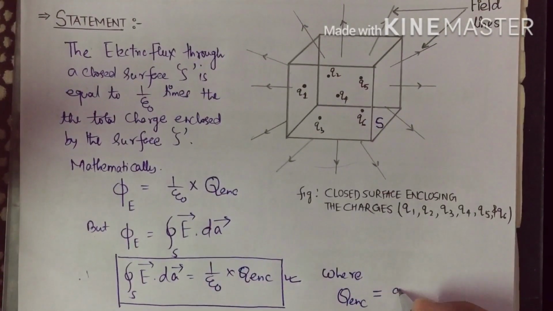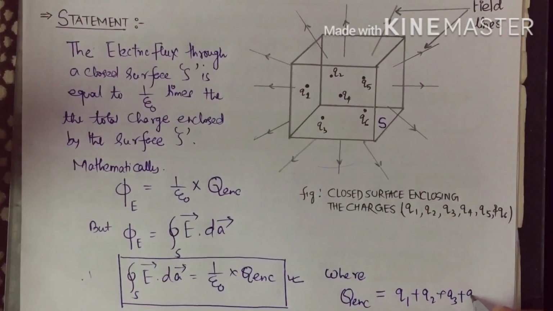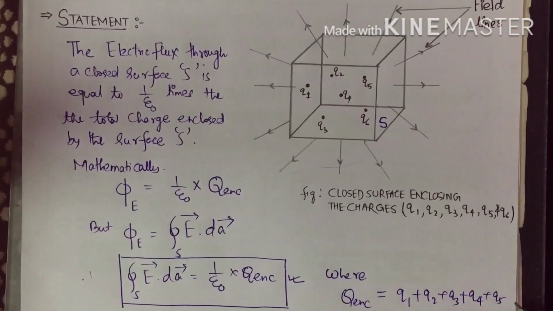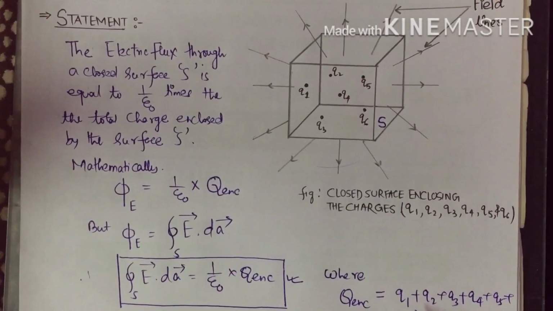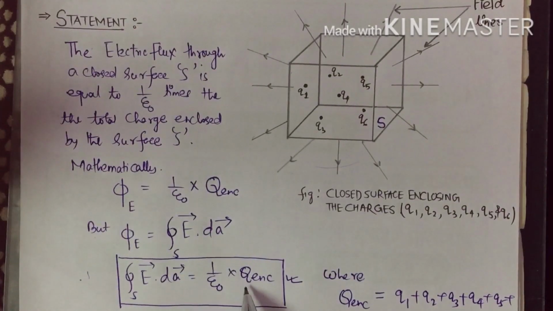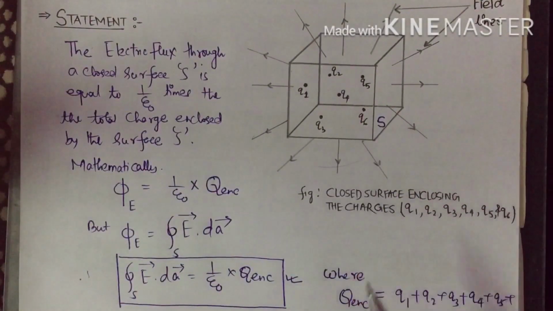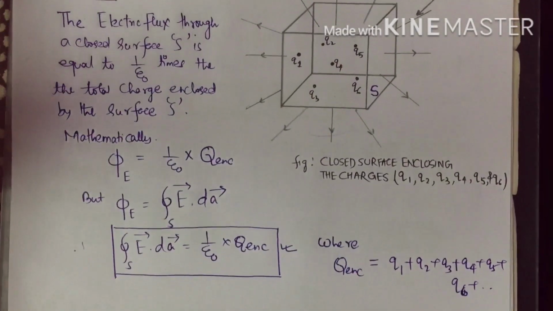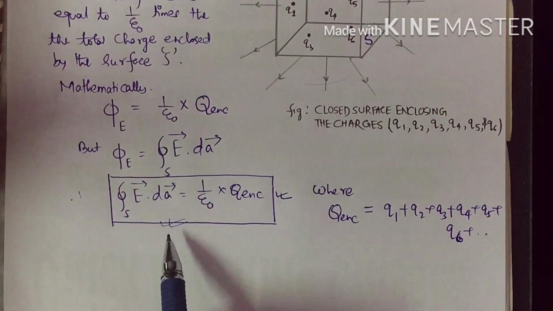This is equal to the sum of all the charges Q1 plus Q2 plus Q3, Q4, Q5, Q6 and so on, using the addition rule for the charge. This charge enclosed by the surface should be inside the surface and not outside the surface. So this is the mathematical form of the Gauss law, which is the statement of the Gauss law.